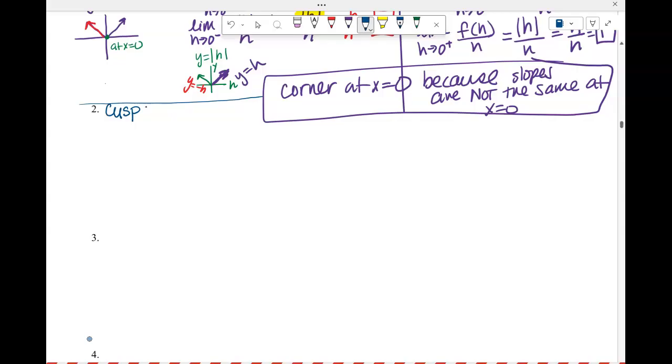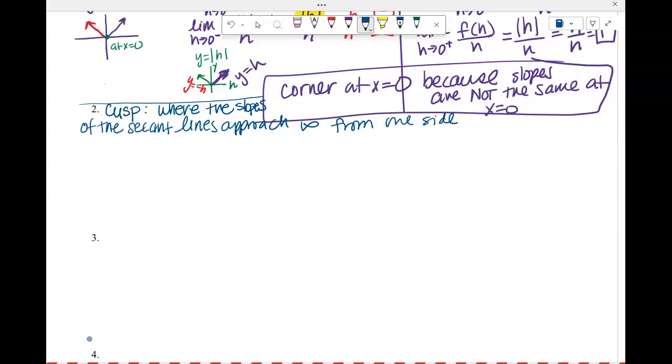By definition, it is where the slopes of the secant lines approach infinity from one side and negative infinity from the other side, or vice versa.